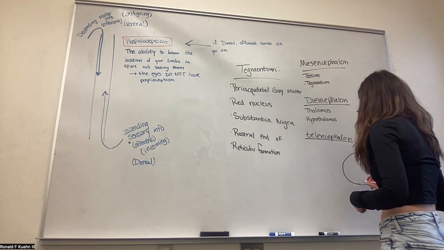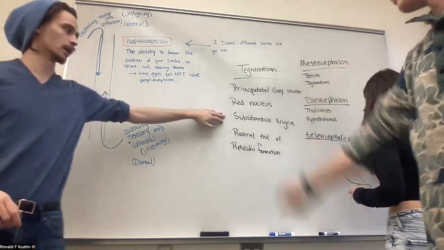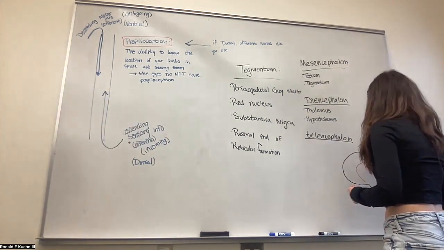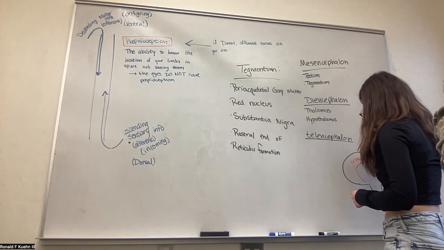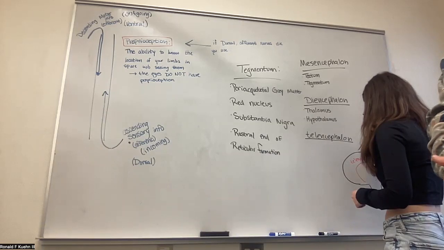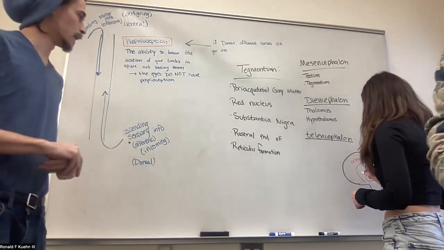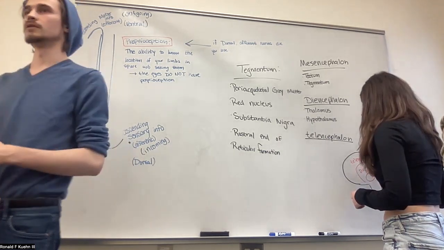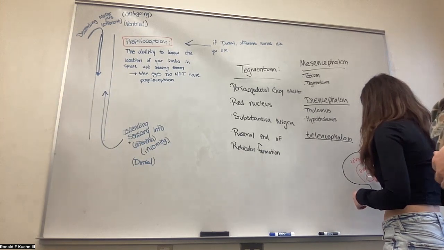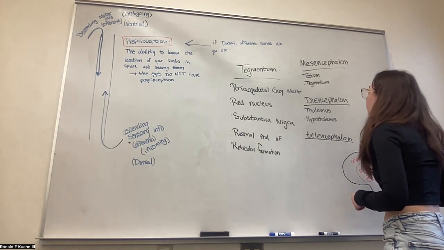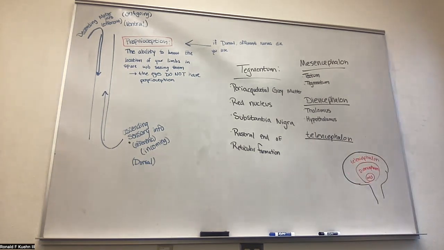Nigra in Latin means black or dark in color. So correlate that with melanin, and melanin with dopamine production. That's inside the tegmentum as well.